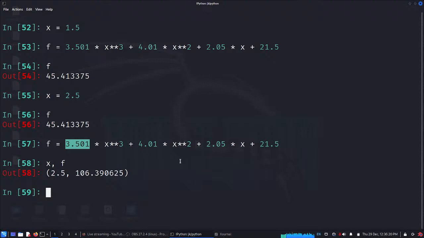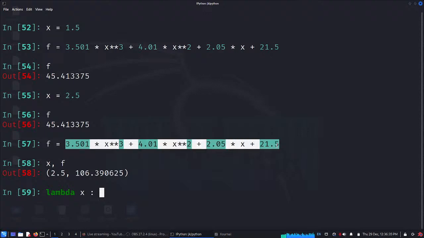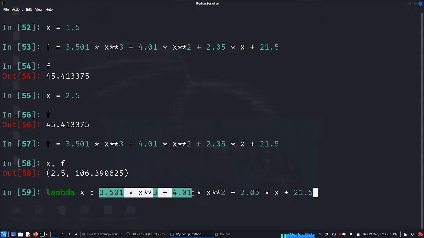I'm going to write lambda x, and then the colon, and then I take this whole thing. So this is the syntax that you write.